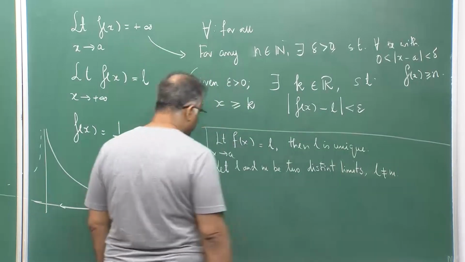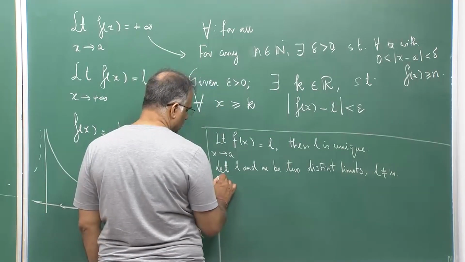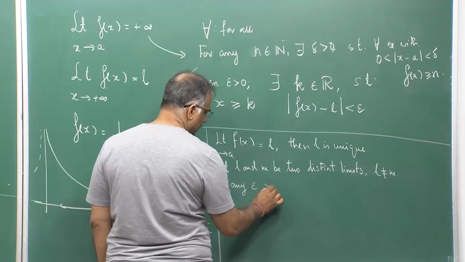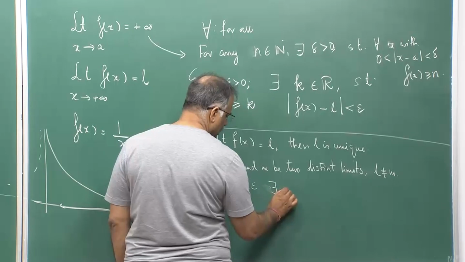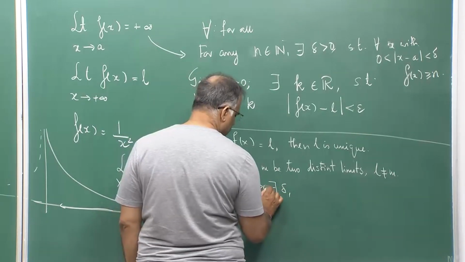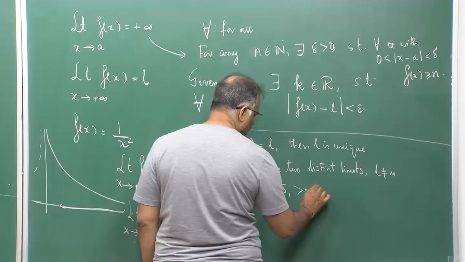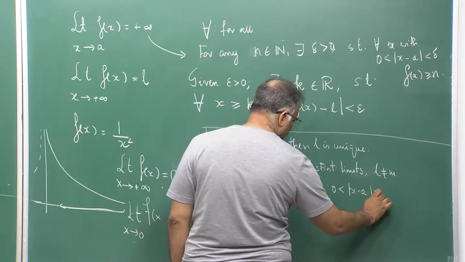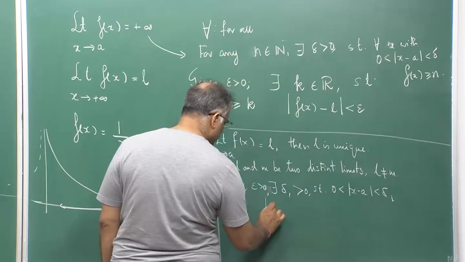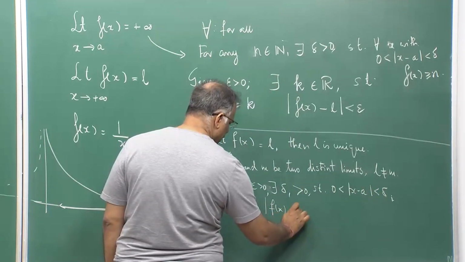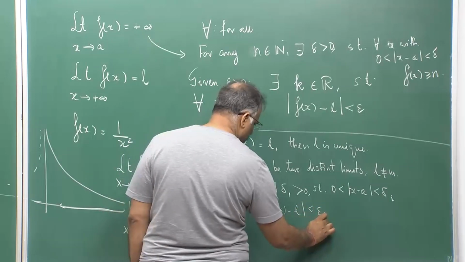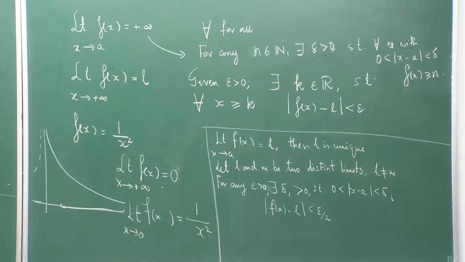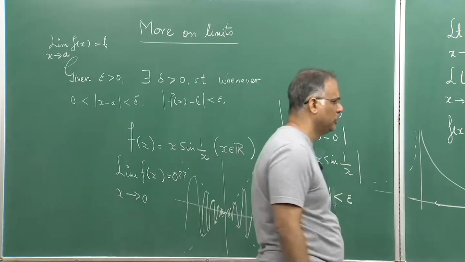So now what I do, for any epsilon there exists delta 1 greater than 0 such that whenever x is lying here I have |f(x) minus L| less than epsilon by 2. Right. So this delta 1 is a delta 1 corresponding to epsilon by 2.